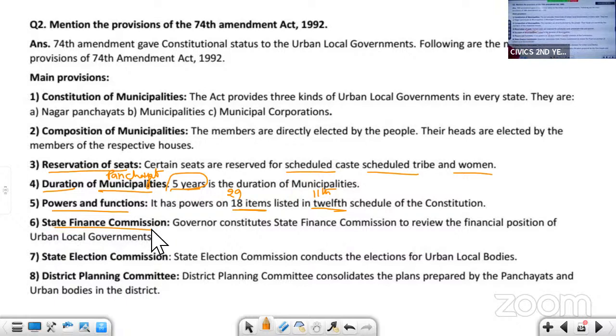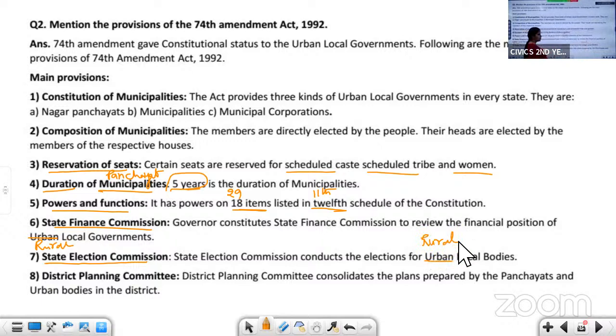State Finance Commission is responsible for reviewing the financial condition of the rural local government. Same. Just make a small change. State Election Commission will conduct the elections for rural local government.